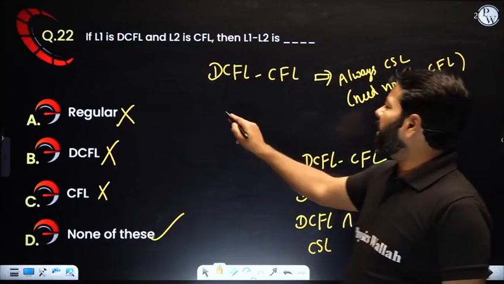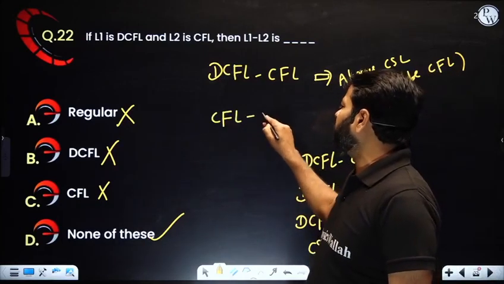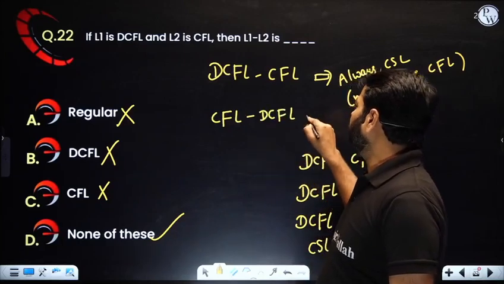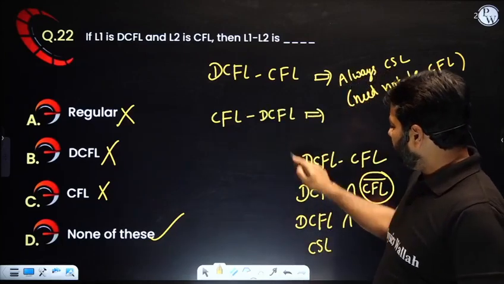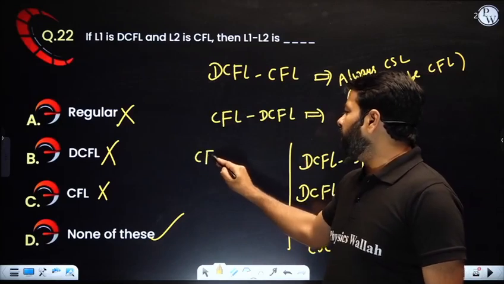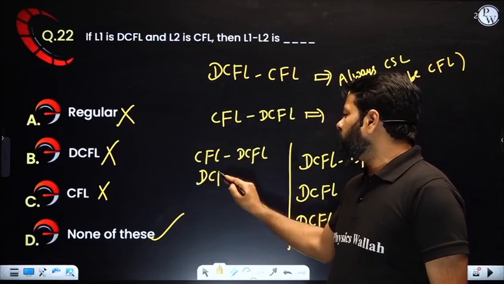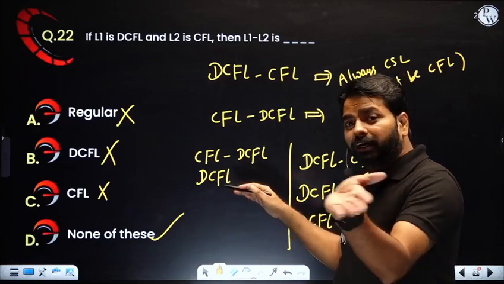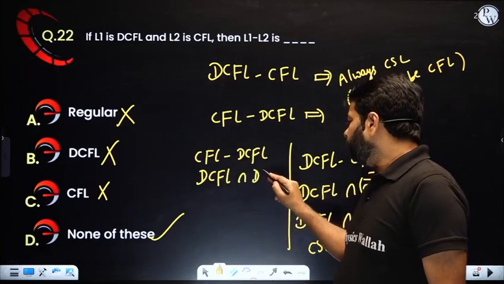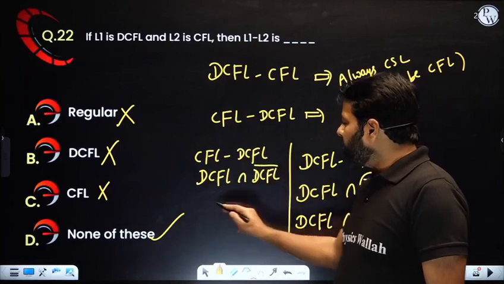Even CFL minus DCFL, what about CFL minus DCFL? What do you get? L1 minus L2 means L1 intersection L2 complement. DCFL complement is what?